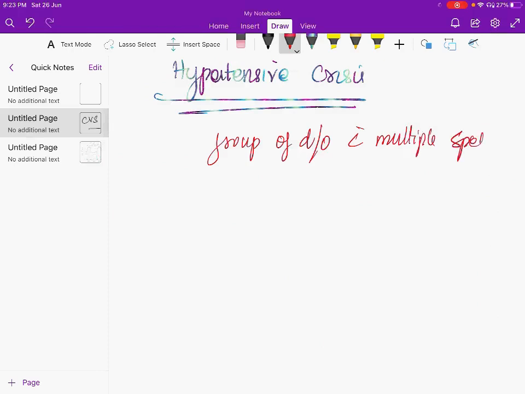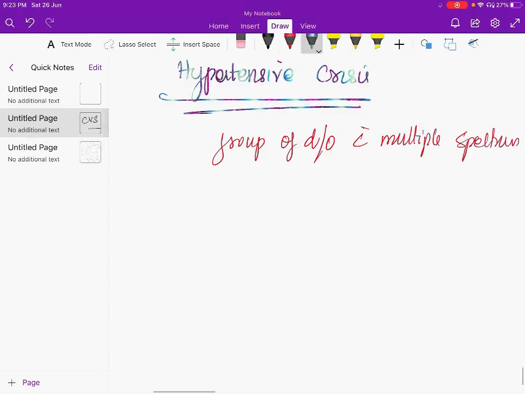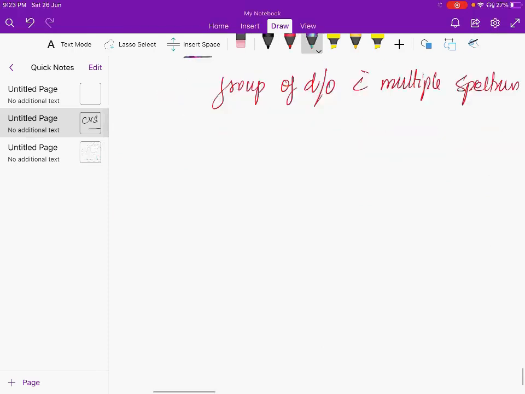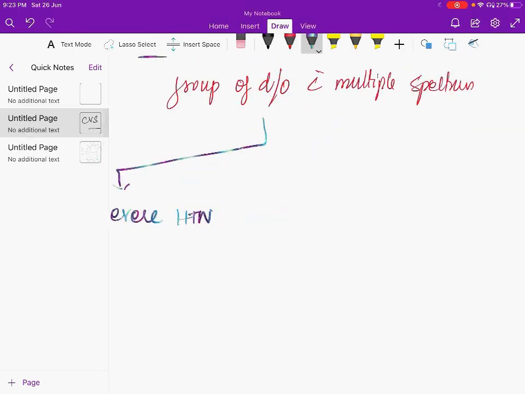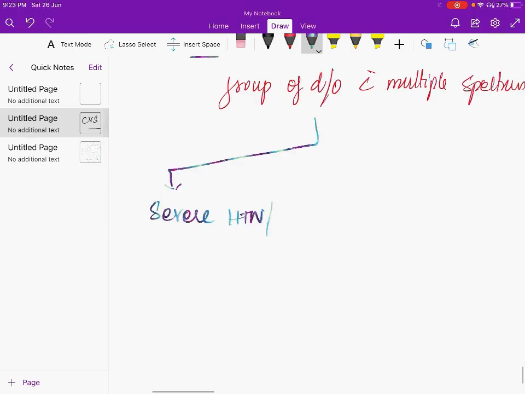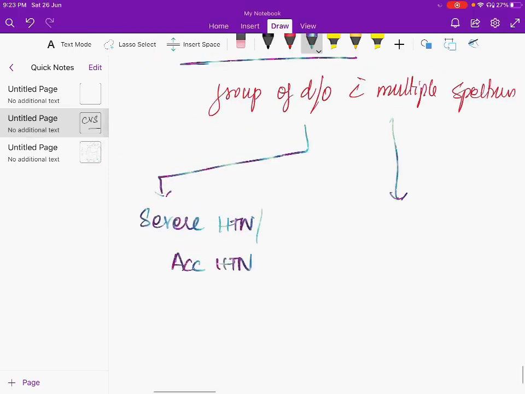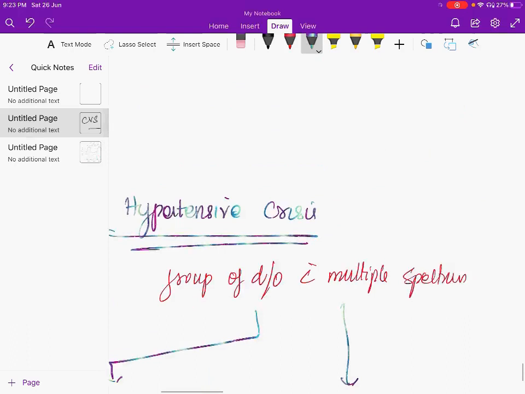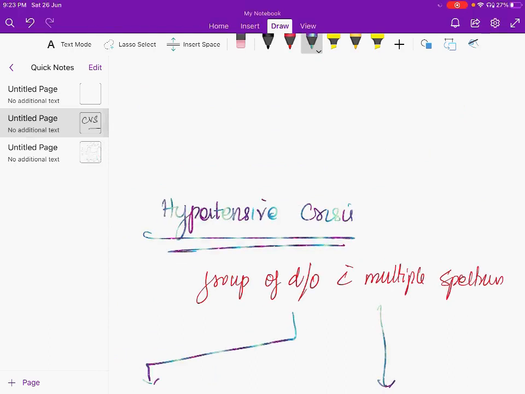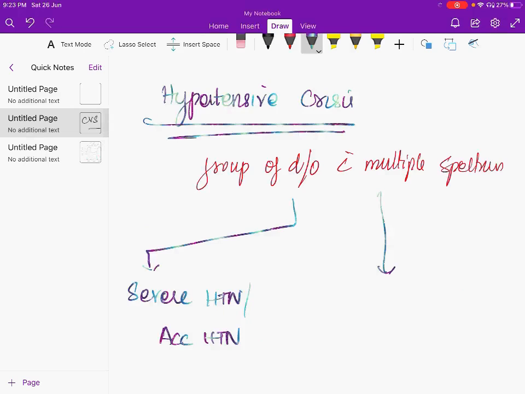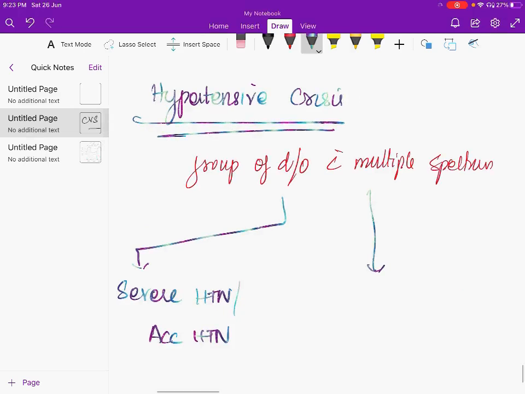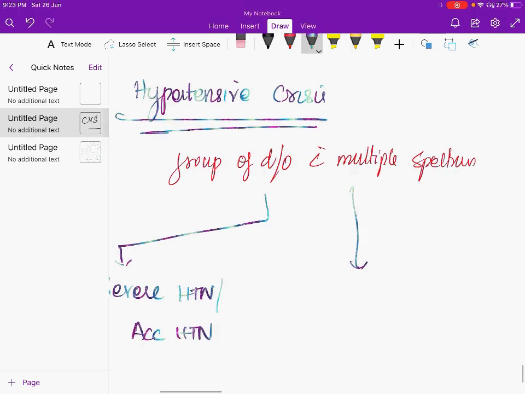So broadly, we will classify it into three: your severe hypertension, or your accelerated hypertension. Actually, there are different opinions. Each book says different things about this hypertensive crisis, and my class is based on the Braunwald 11th edition, which is the standard textbook of cardiology.